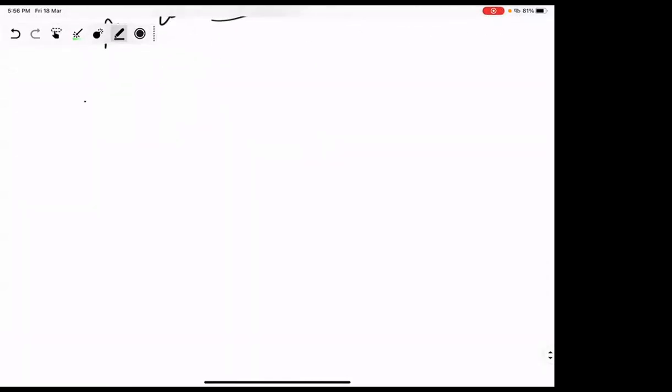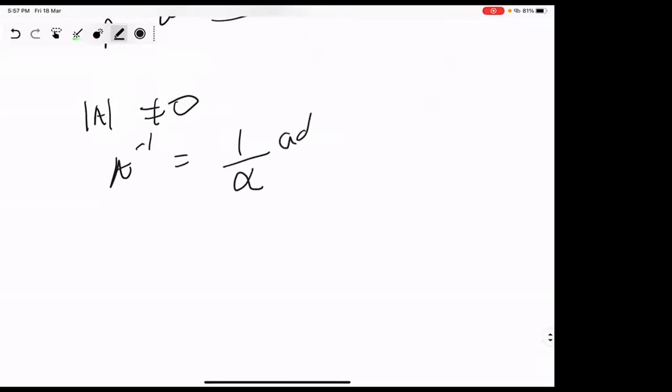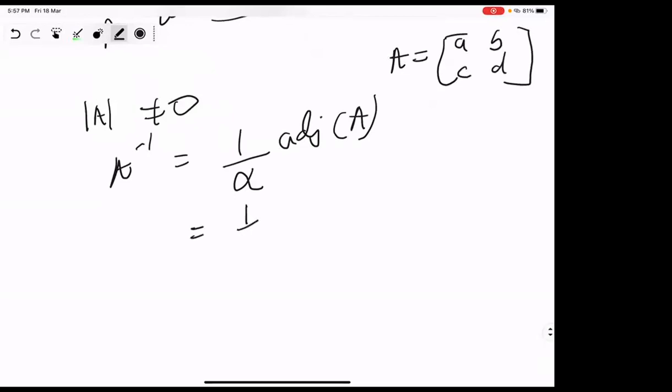But if the determinant is a non-zero number, then the inverse is 1 over that non-zero number, let's call it alpha, times the adjoint of A. Once again, let's assume that the adjoint of A is A, B, C, D. So this is 1 over alpha times A, B, C, D, where 1 over alpha is a number, a number multiplying a matrix, which is scalar multiplication.